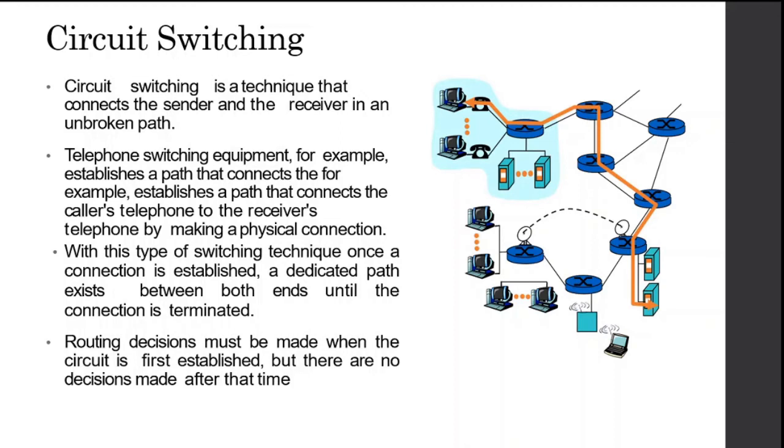Telephone switching equipment also establishes a path that connects the caller and the receiver. With this type of switching technique, once the connection is established, a dedicated path exists, and both users can communicate until the connection has been terminated by them. Also, the routing decision must be made when the circuit is first established, but no decisions are made after that time.